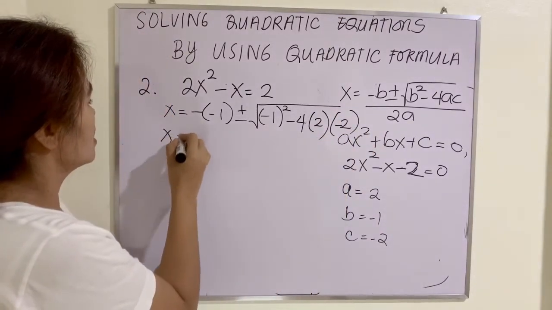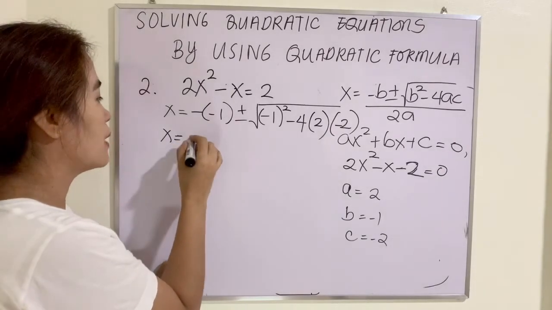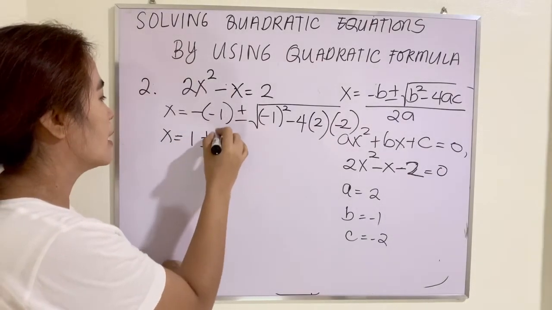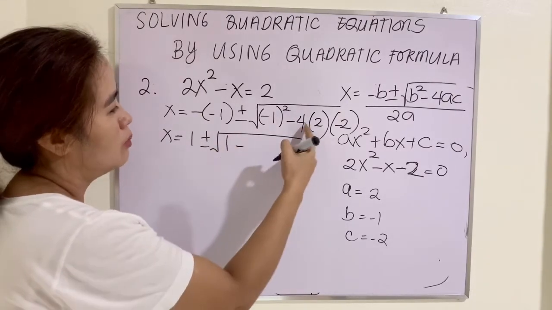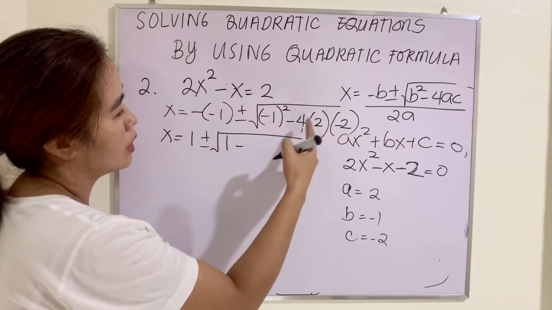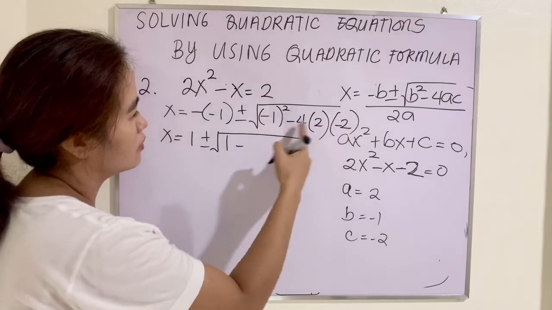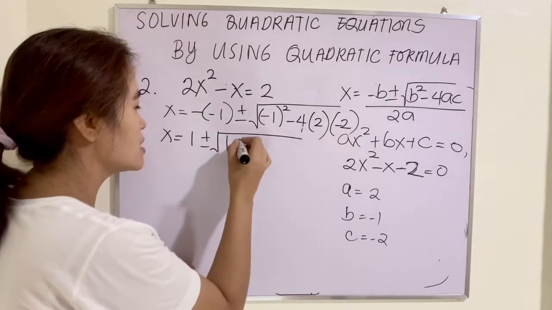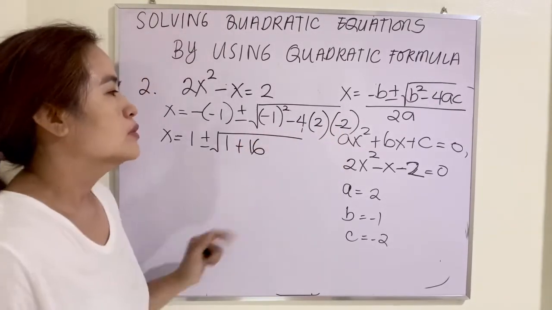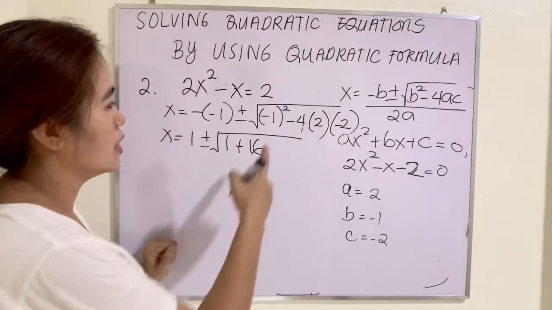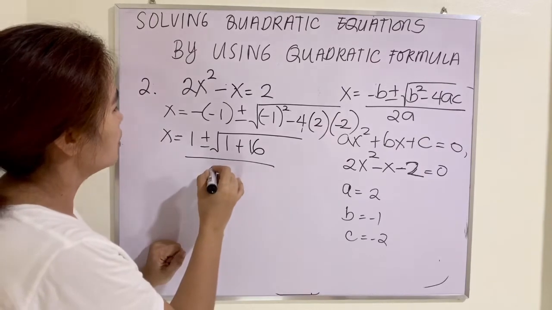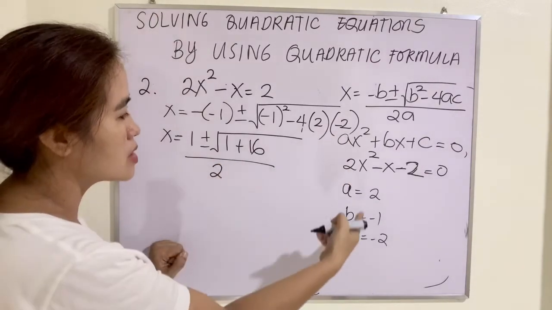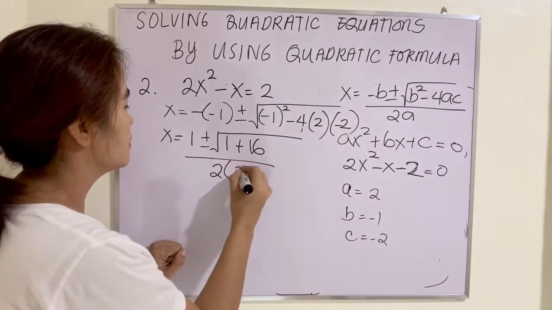So x equals negative times negative is positive 1, plus minus the square root of negative 1 squared, which is 1. Multiply everything: that will be 4 times 2 times negative 2. Negative times negative will be positive 16, since 4 times 2 is 8, times 2 is 16. And then over 2a, which is 2 times 2.